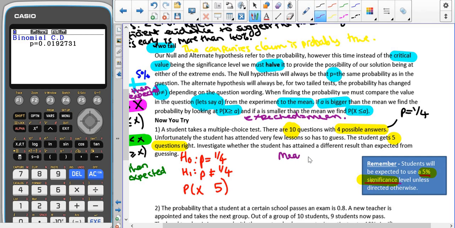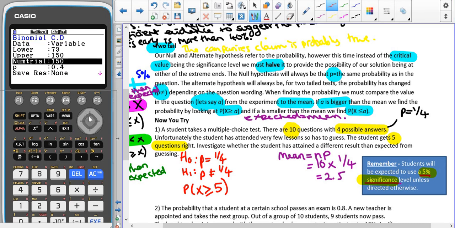So the mean is found by doing n times p. In this case, our number of trials is 10 times our probability of a quarter, which gives us 2.5. So if they were guessing, we were expecting them to get 2.5 of the questions right. However, in reality, they got 5 questions right, so they got more than we expected, so we're looking at greater than or equal to. Then we can put that in our calculator.